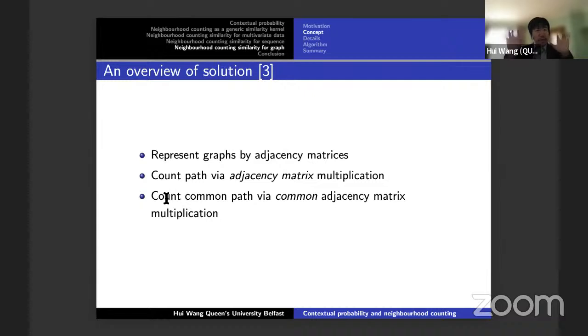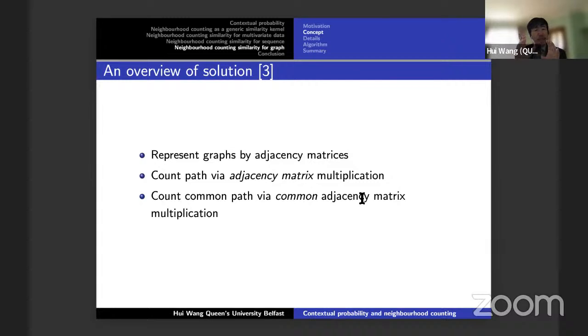And if I was given two graphs, the similarity between the two graphs would be regarded as the number of common paths, and the common path counting can be done via common adjacency matrix multiplication. So I begin with an adjacency matrix for each graph.